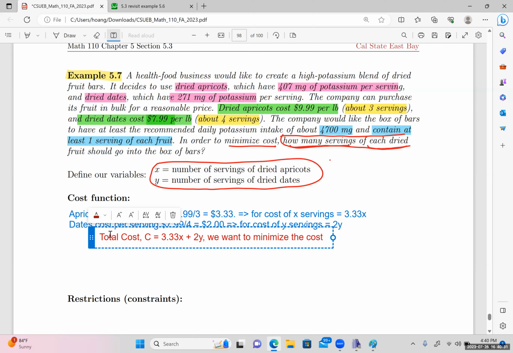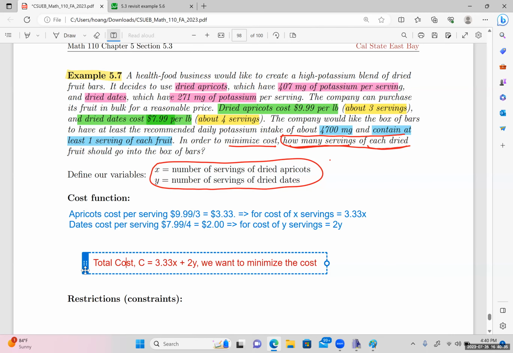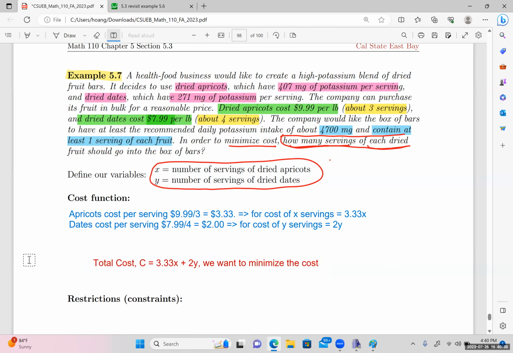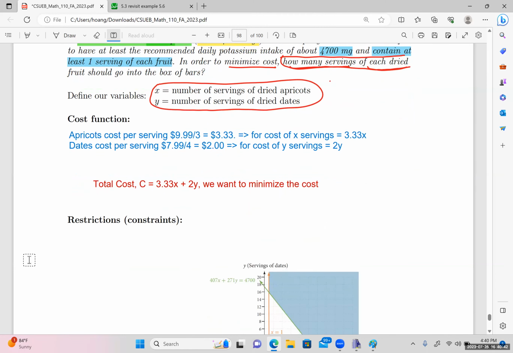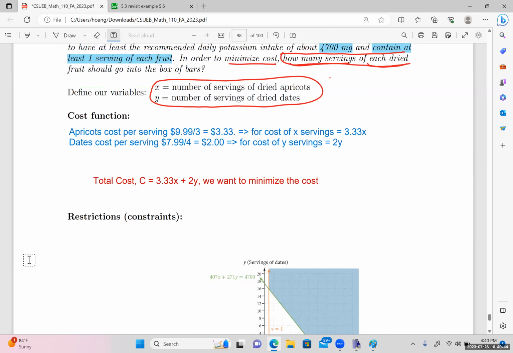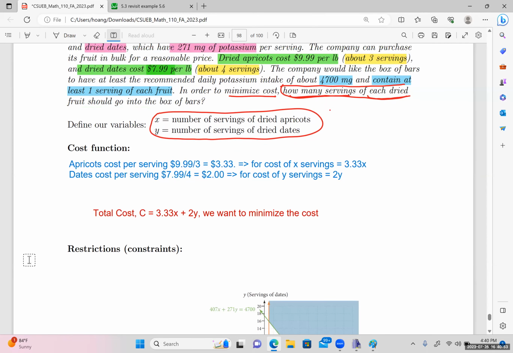All right, so with this here, is there any restriction or requirement for x and y, any constraint? We call that, right? They say over here, at least one serving of each fruit, right?